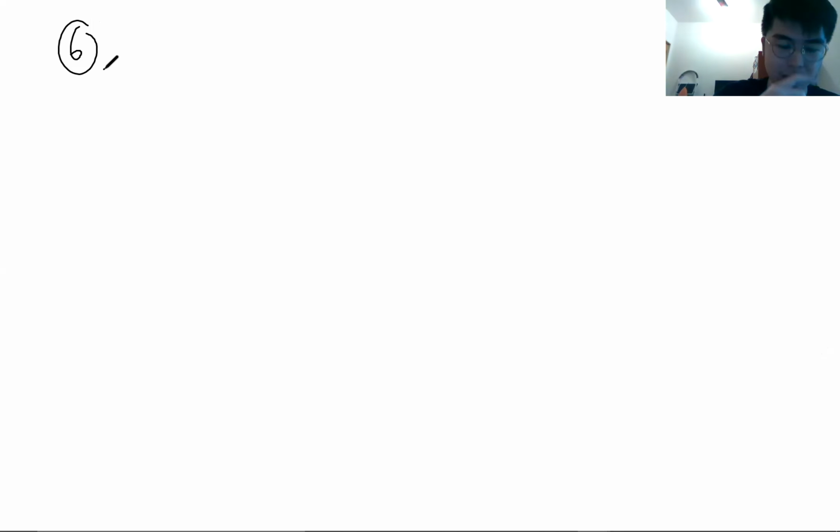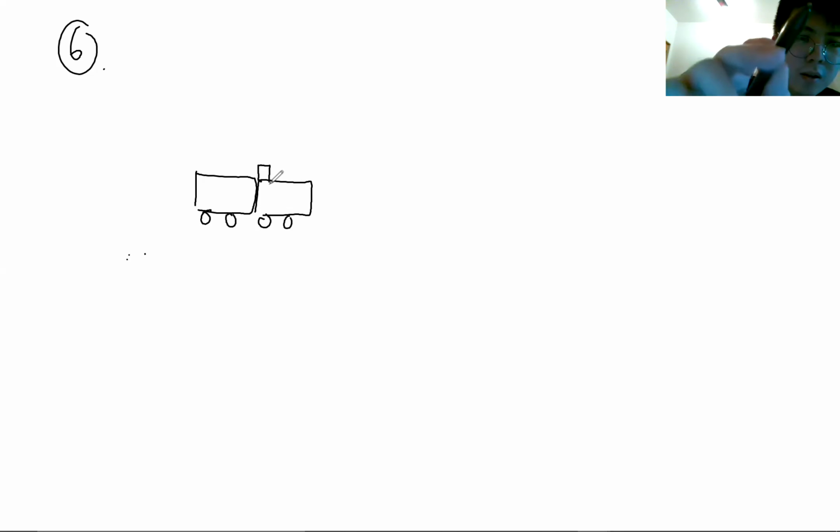Now, question six says that initially, you have two trolleys. Initially, the trolleys are put together. Okay, so this is before.